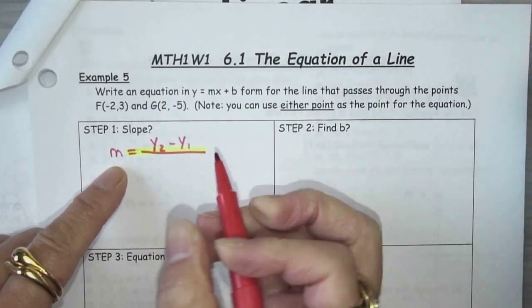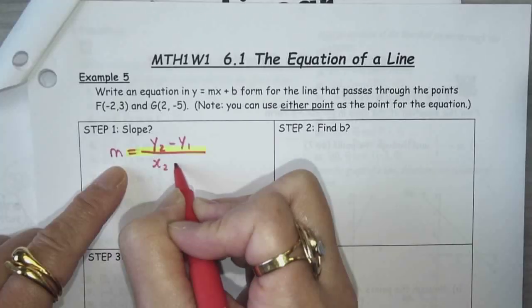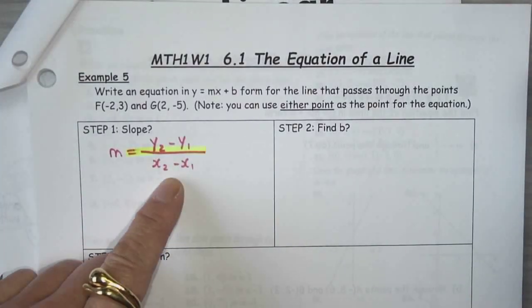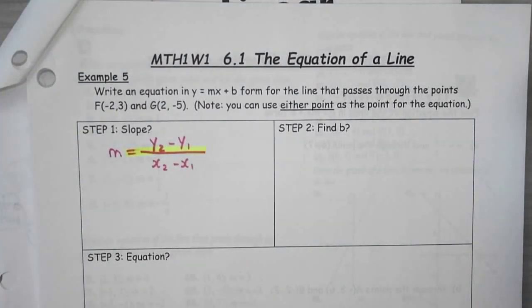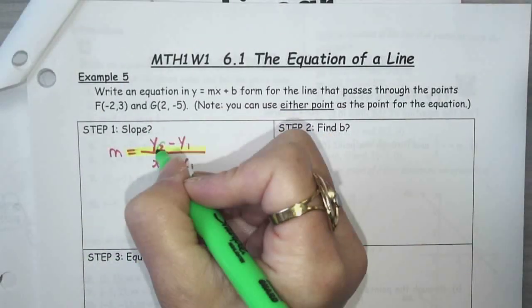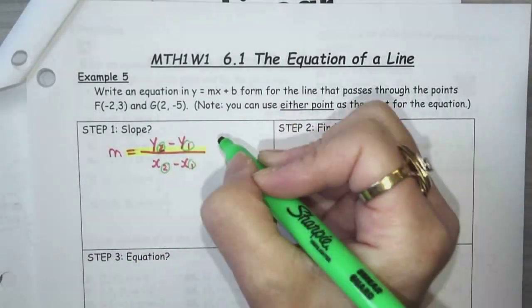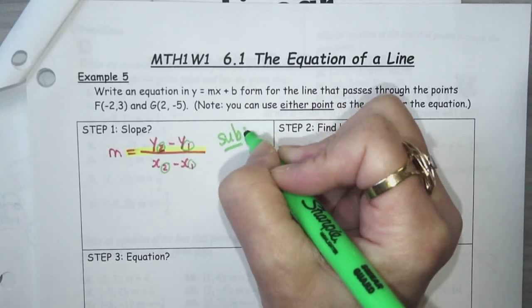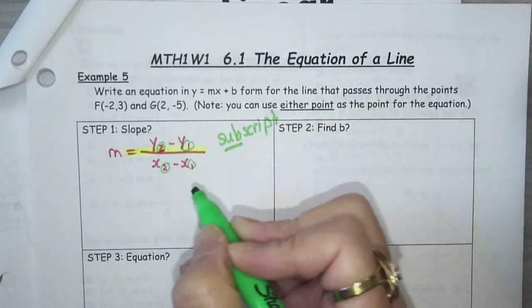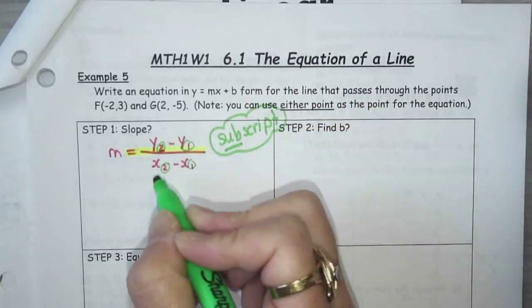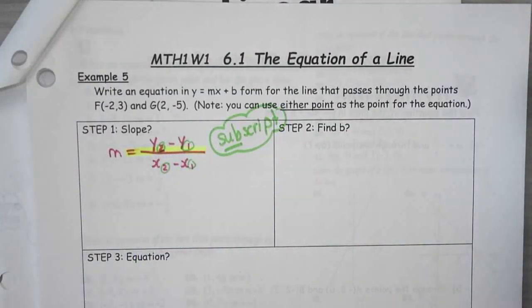In the video for Chapter 5, I said these are subscripts. So remember that these are subscripts, which means they're below, not exponents, so they don't go up at the top.